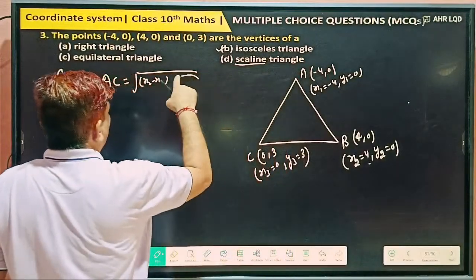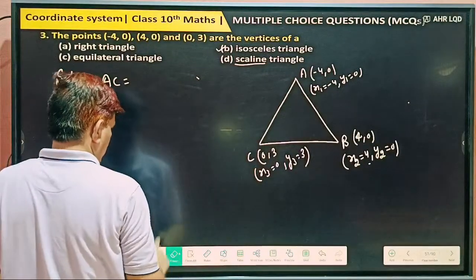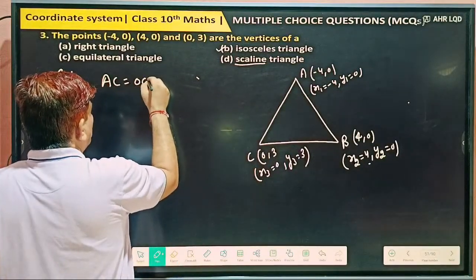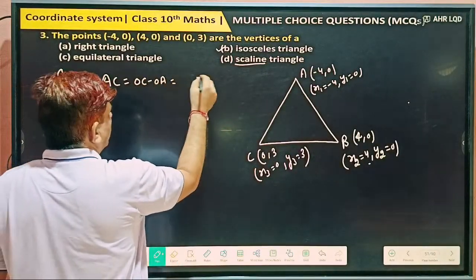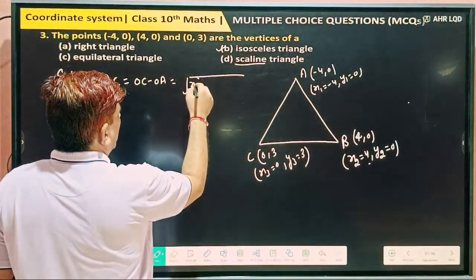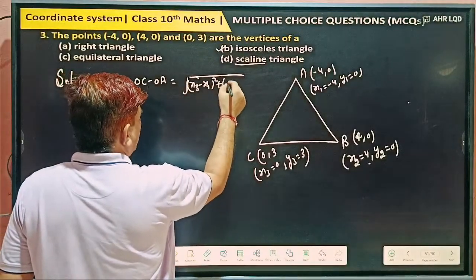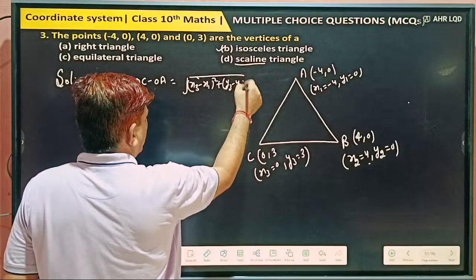AC, meaning of AC is what? OC minus OA, and equal to this: the square root of (x3 minus x1) whole square plus (y3 minus y1) whole square.